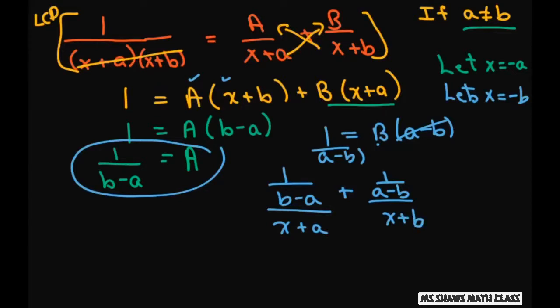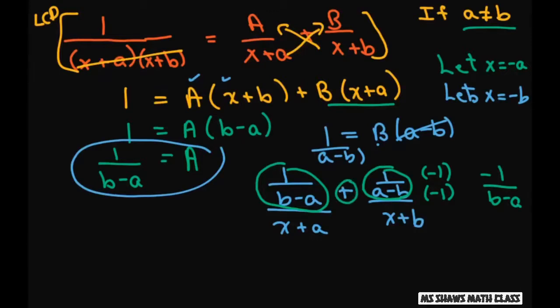Now, it's still kind of messy looking. So what I want to do is make this one look like this one and factor it out. I can do that if I multiply the numerator and the denominator both by negative 1. I'm going to get negative 1 divided by B minus A. So now they're the same, but this is going to change to negative.